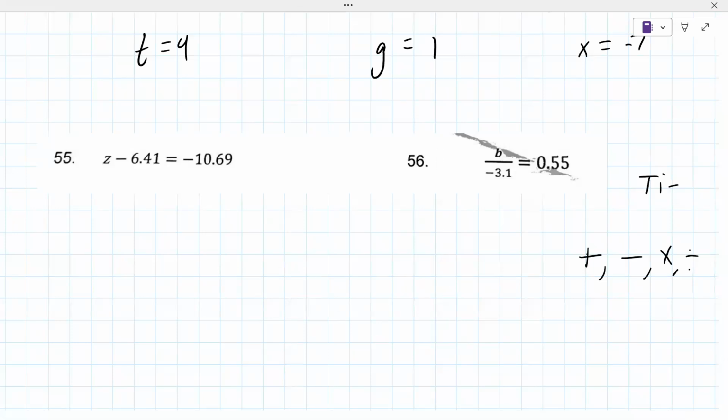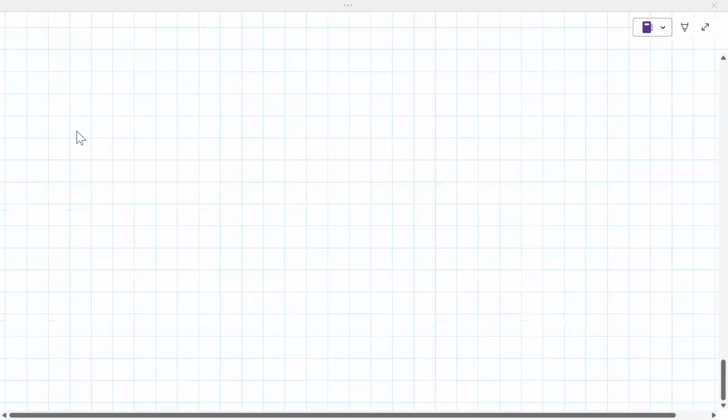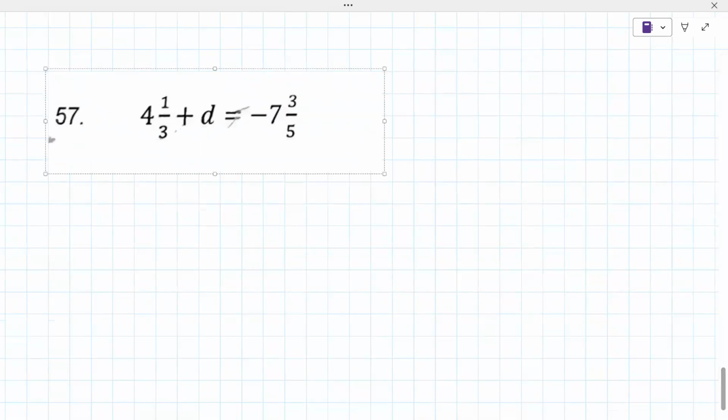So these aren't the right type, so we're not going to do these. Here is one that you can have at it with the calculator if you want.